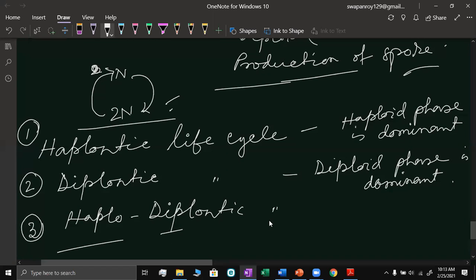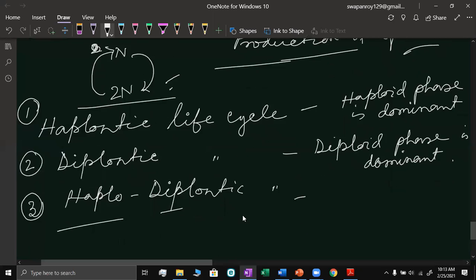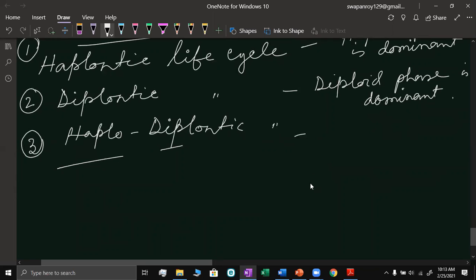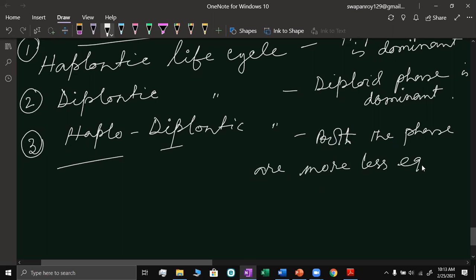And in haplodiplontic, both the phases are more or less equally dominating.